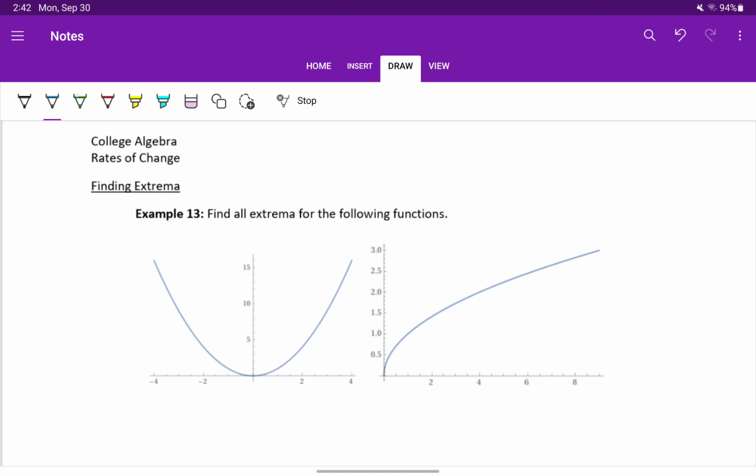So when we say extrema, that means find any minimum or maximum function values. But using that word extrema gives us a more condensed way to say that.